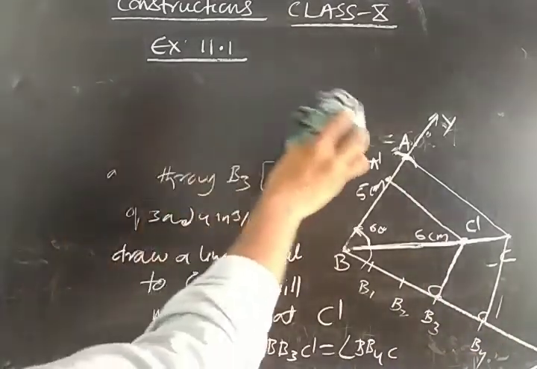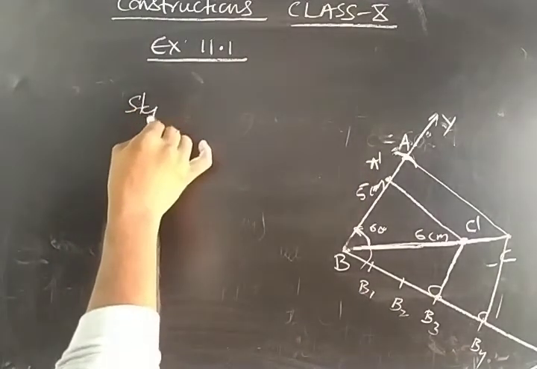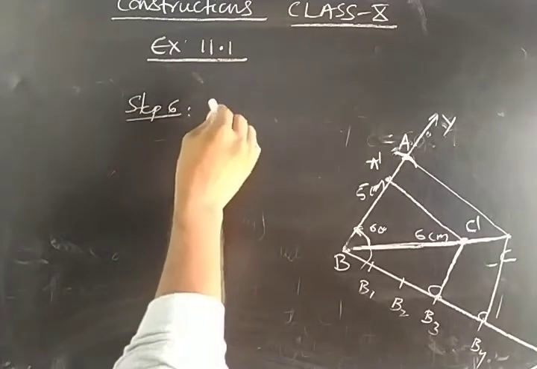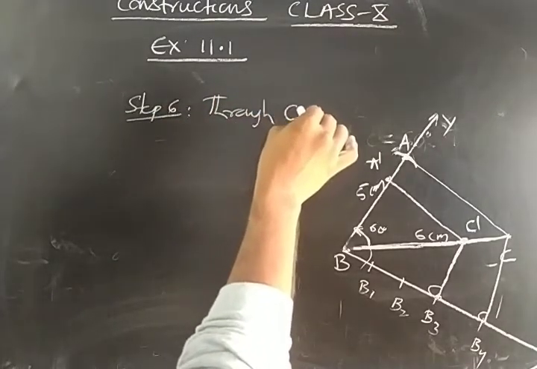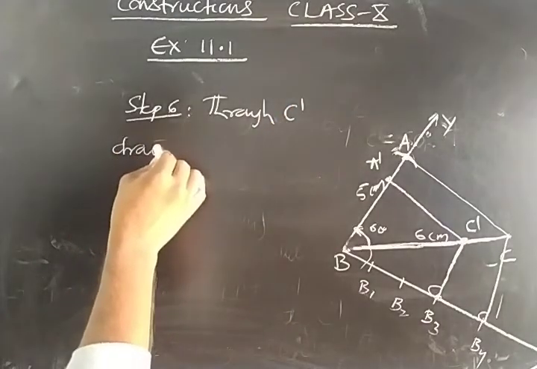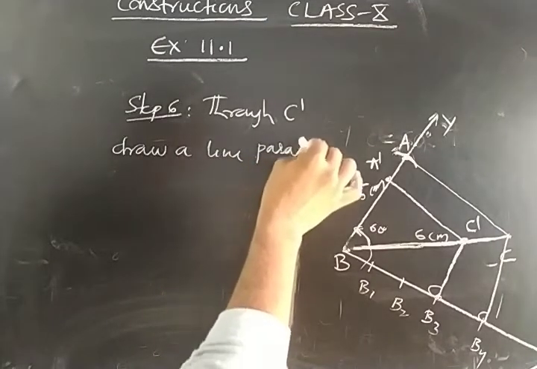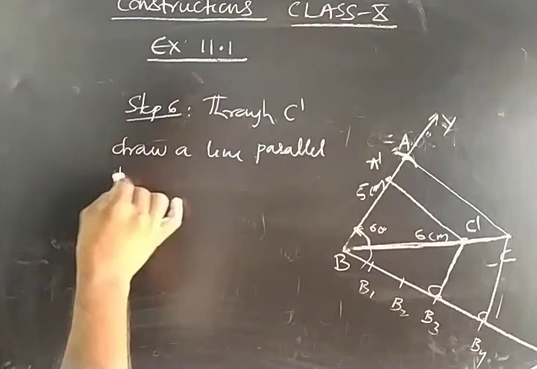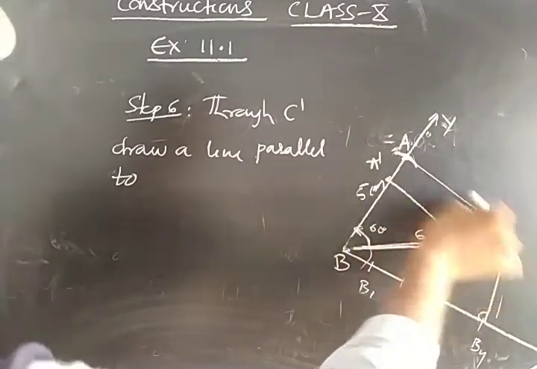Okay, now step 6. Through C dash, draw a line parallel to AC.